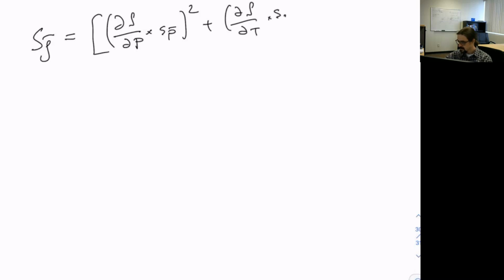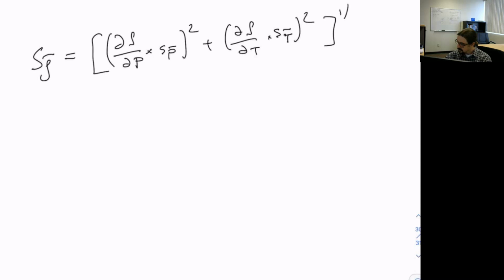I can do the same thing for my S rho bar, which is again defined as the square root of d rho over dp times sp bar, squared, plus d rho over dt times st bar, squared.